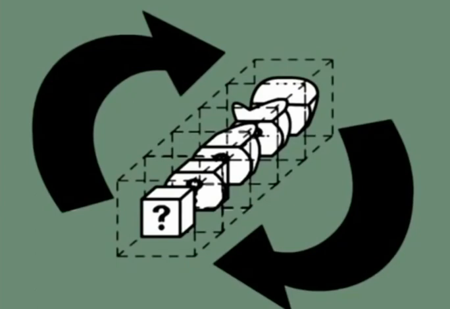4D entities can see all points of a 3D object at once, just as 3D entities are able to see all the points of a 2D object at once. A 3D entity can think in 2 dimensions. If you imagine a cube, for example, you can only imagine it in 2D, like a picture, even if you imagine it with depth.